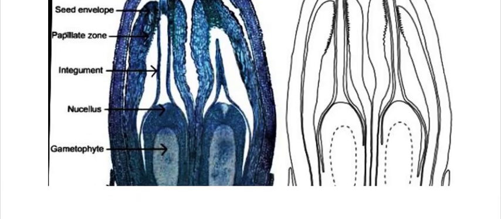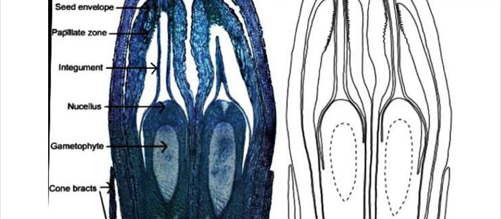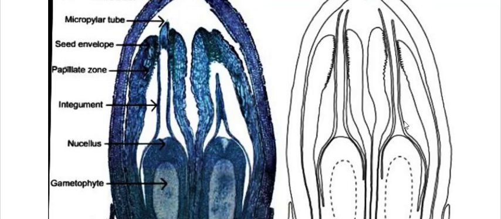This is the structure of the ovule. Two ovules, each ovule, this is one ovule, this is the second ovule, is produced in the axil of the uppermost bracts, and this is the outer integument, which is present on the outer side of the inner integument.